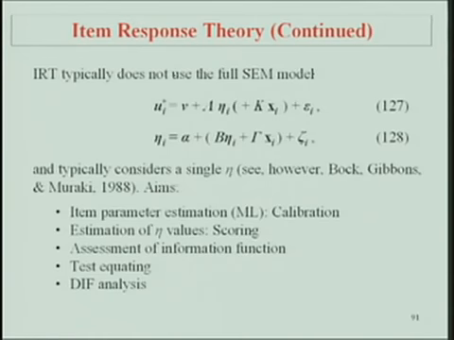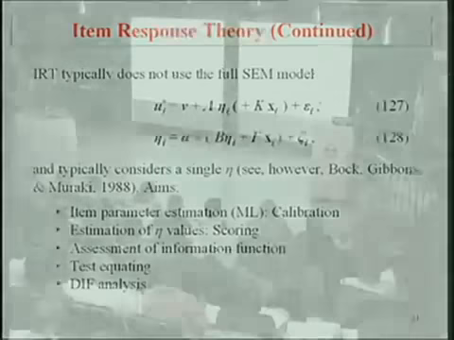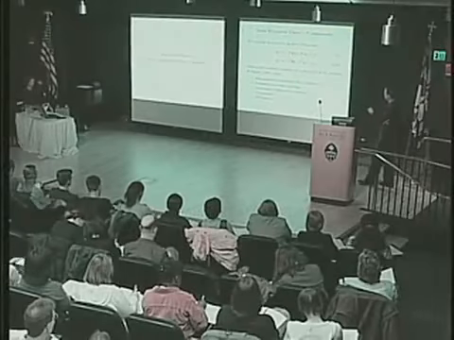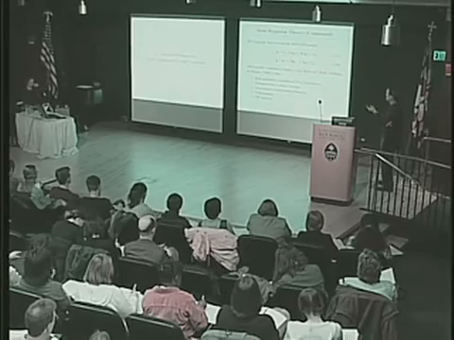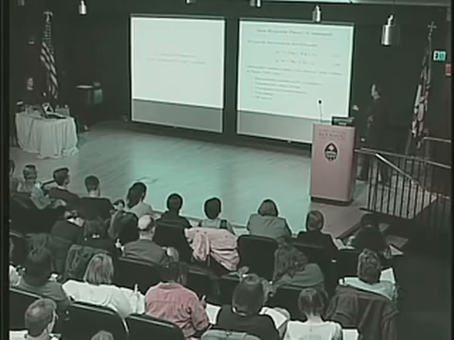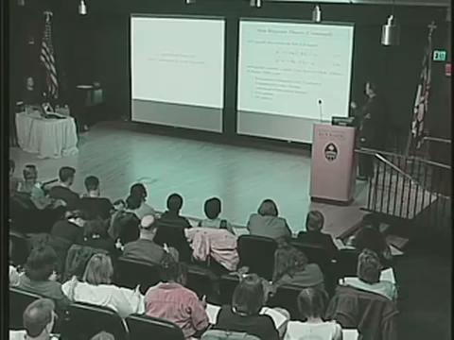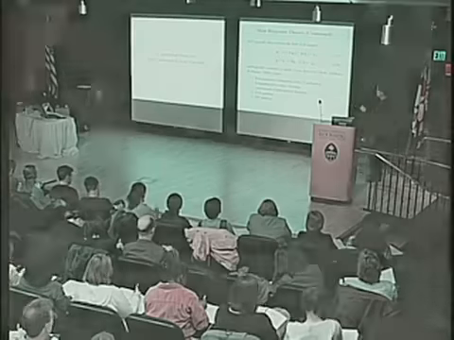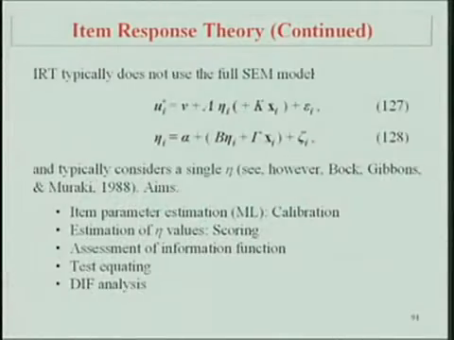So you typically don't have the X here. You typically don't have regressions among the latent variables, nor do you have regressions of the latent variables on covariates. And even more typically, IRT considers a single latent variable, although there certainly are multi-dimensional developments of IRT.